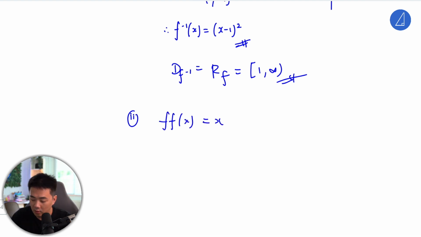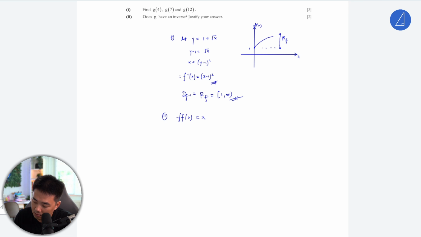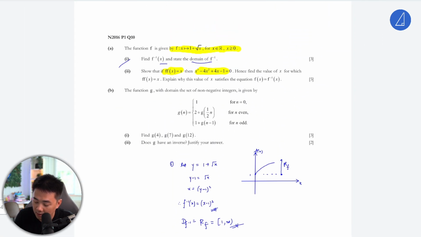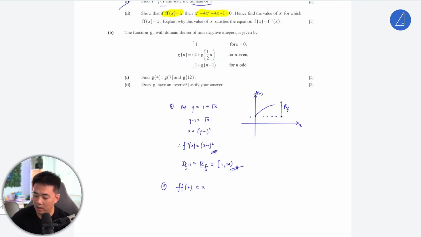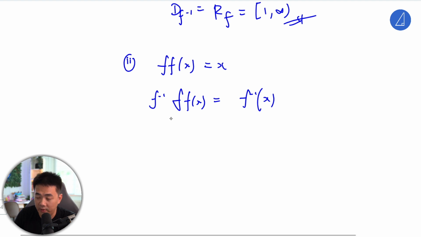What I could do is apply f inverse to both sides if I want to. Now remember, if you apply f inverse to both sides, this will nullify.